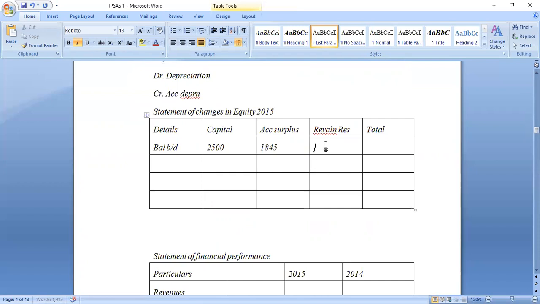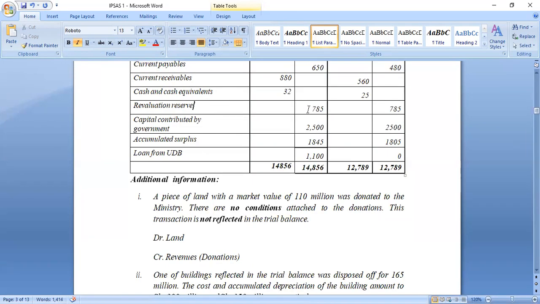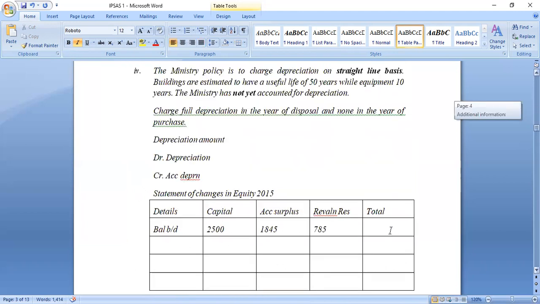Then the revaluation reserve, we saw it began at 785. Let me just confirm for you. Revaluation reserve, 785. The others are not equity items. We only have these three. So in your equity statement, you should have the totals for this.